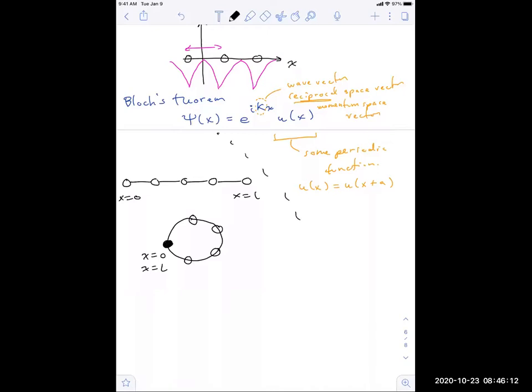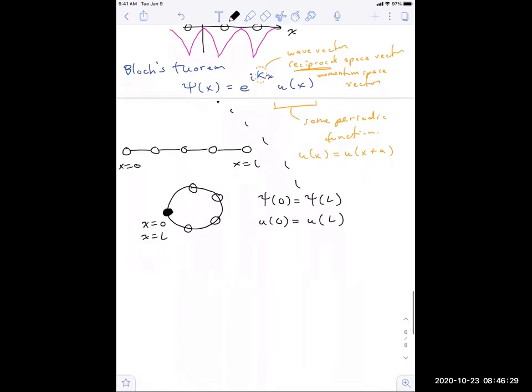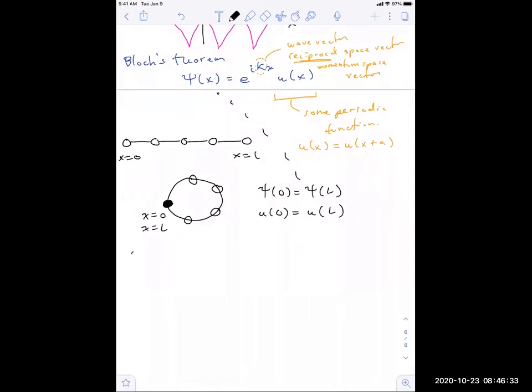Plugging in Bloch's theorem, the wave function at 0 should equal the wave function at L because of the periodicity. And I know that this arbitrary function u is also the same at 0 and at L. So the wave function at 0 equals e to the i k times 0 times u of 0. Because that equals the wave function at L, that also equals e to the i k L times u of L, and u of L is also equal to u of 0. So that's e to the i k L times u of 0.